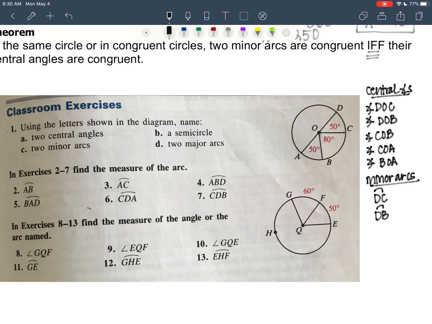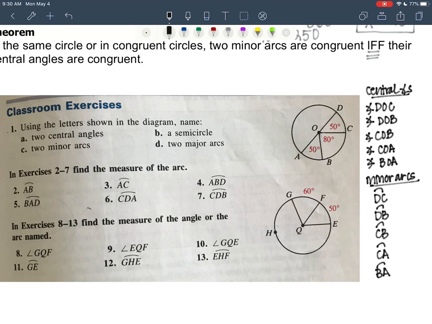COB is arc CB. Angle COA is going to be arc CA. And angle BOA would be arc BA. So there's all our minor arcs. You can see that our minor arcs follow along with our central angles.